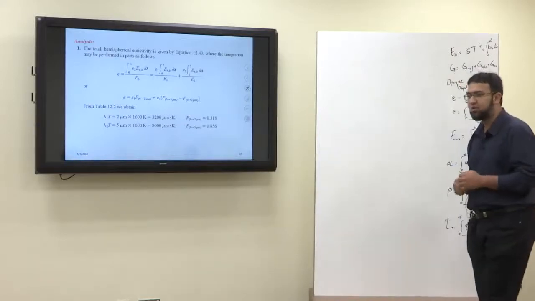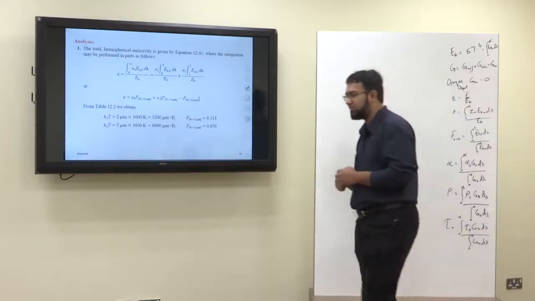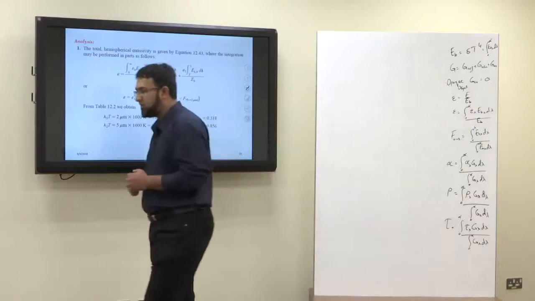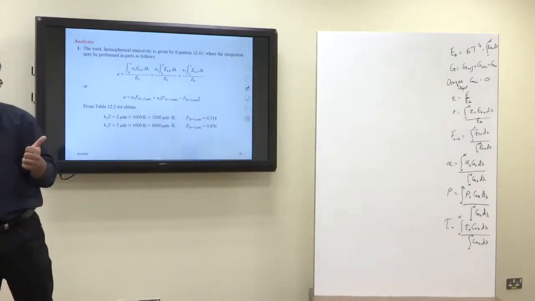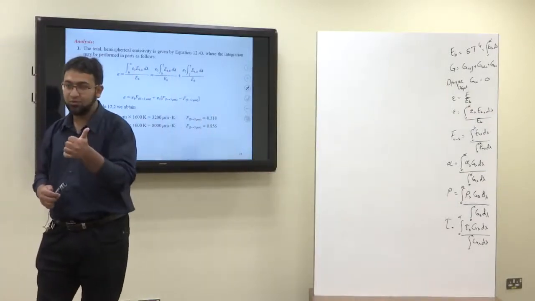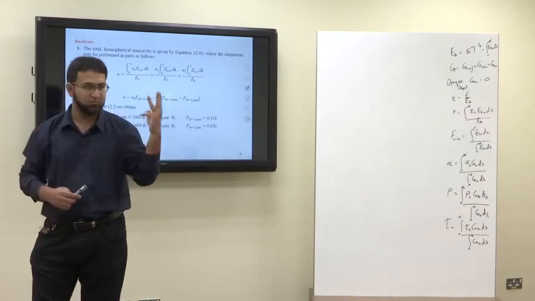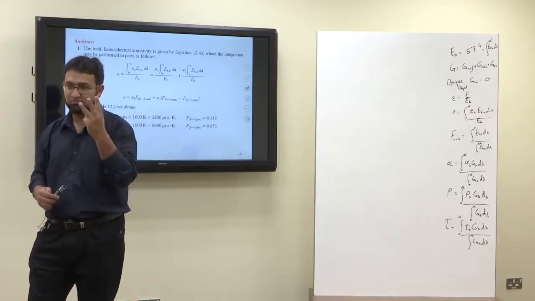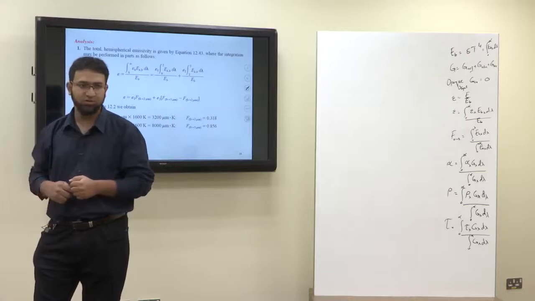Just to give you a small recap, last time we studied the black body and the definition of the black body. It has three components, very important. I told you to memorize those three components.